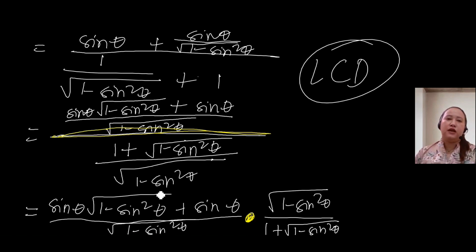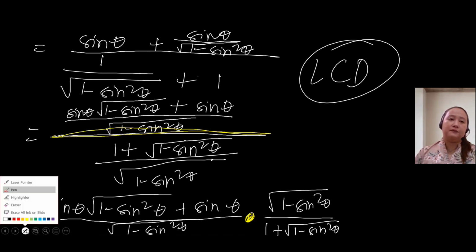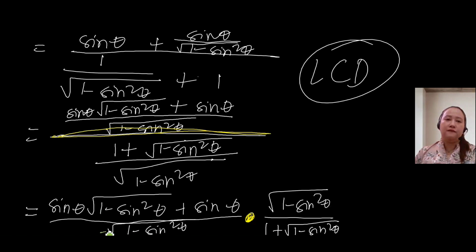Okay? So now we can already cancel. So we have the square root of 1 minus sine squared of theta on the denominator and on the numerator. And then just multiply. So I'll just clear the screen and then rewrite.